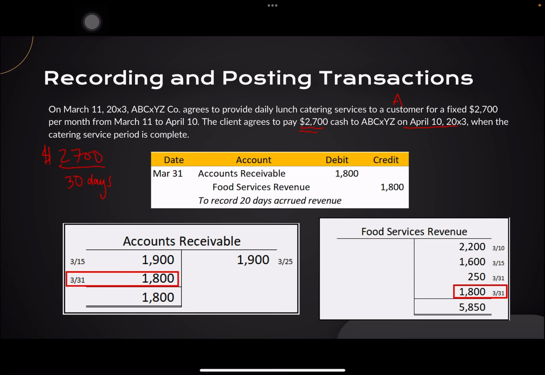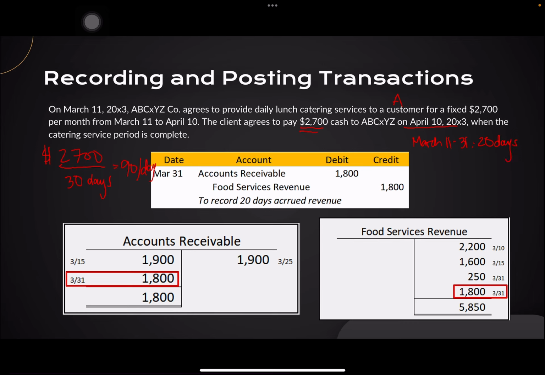When you divide $2,700 by 30 days, you get $90 worth of revenue per day. Since we are concerned with preparing the adjusting entry for the month of March, our date coverage is from March 11 up until March 31, a total of 20 days.